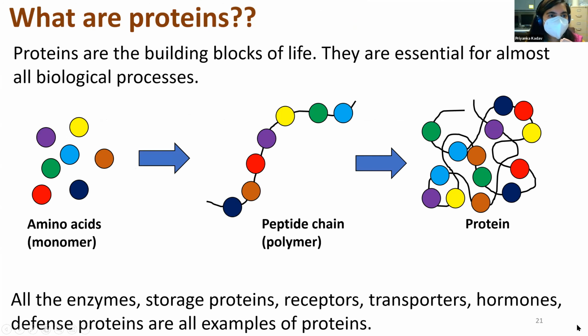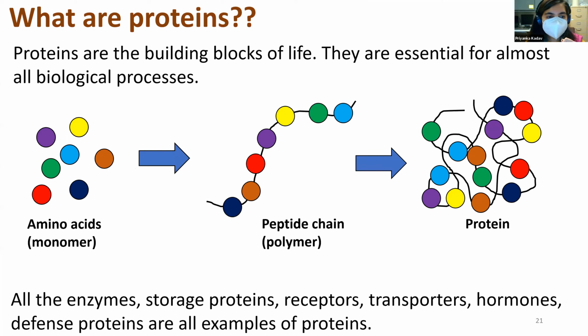So the basic question, what are proteins? Proteins are the building blocks of life. Almost all of our biological processes that take place in our body, like signal transduction or cell growth, require proteins. The proteins are basically made up of monomers called amino acids.